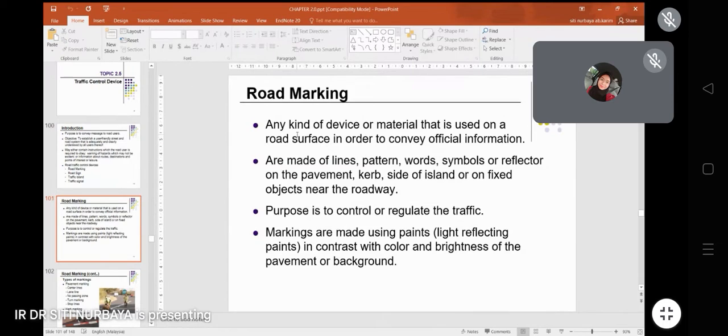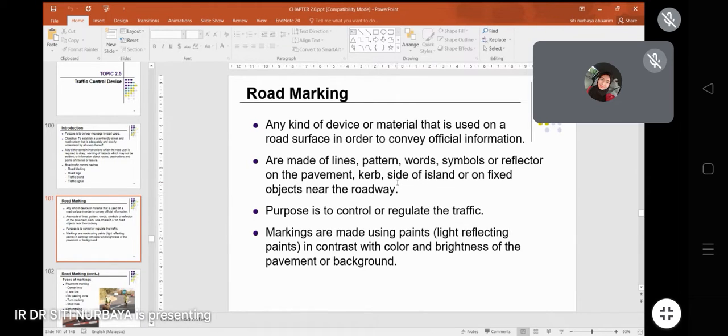It is any kind of device or material that is used on a road surface in order to convey official information. The road markings are made of lines, pattern, words, symbols, or reflector on the pavement, curb, side of island, or on fixed objects near the roadway.